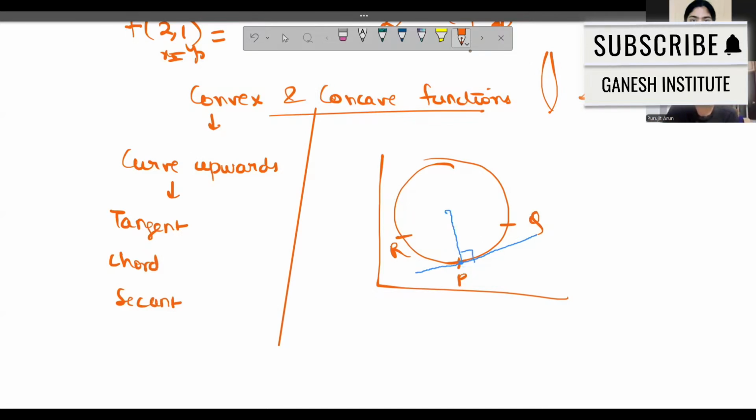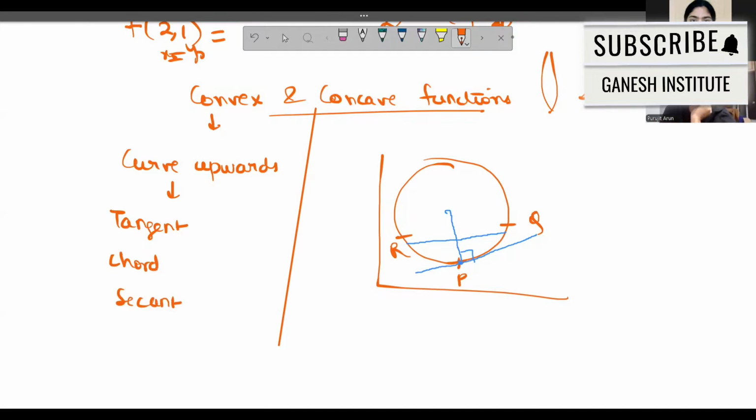This is a chord. And the third one, the secant. Is this a secant? Oh, that would be a chord as well.